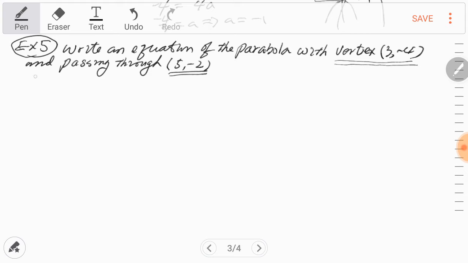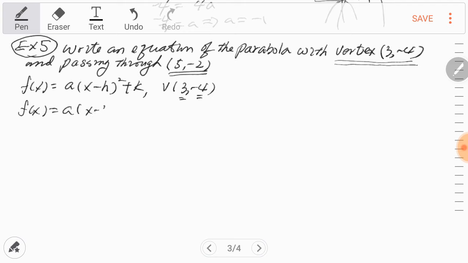So first, always write the vertex form first: f of x equals a times x minus h squared plus k, and the vertex is 3 and -4. Then plug in these values for h and k. So f of x is equal to a times x minus 3 squared, k is -4, so minus 4.